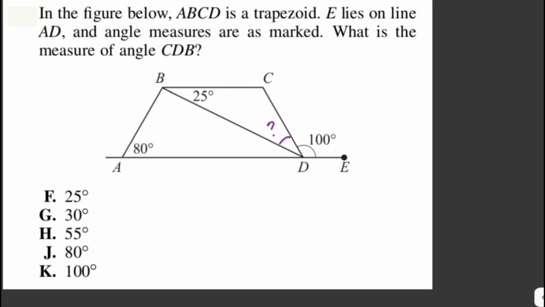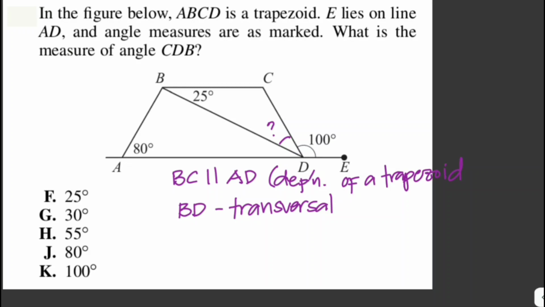Now to find the measure of angle CDB, take note that side BC is just parallel to side AD by the definition of a trapezoid. And BD here is a transversal.